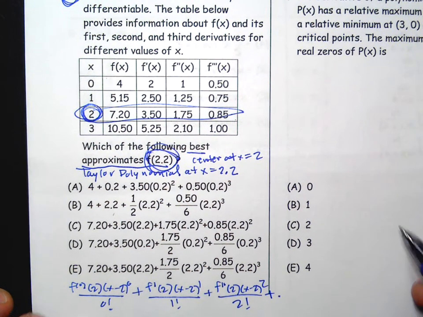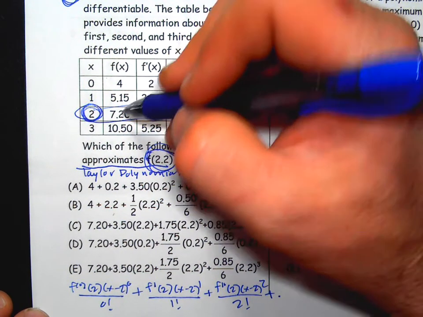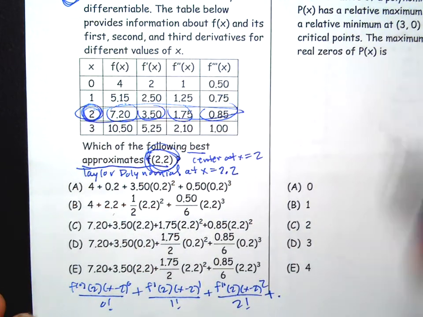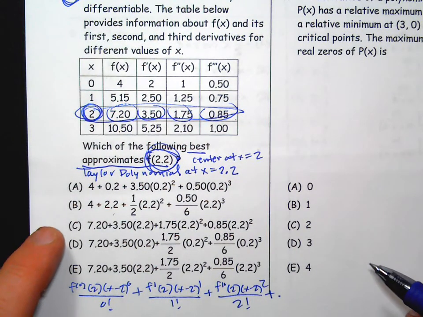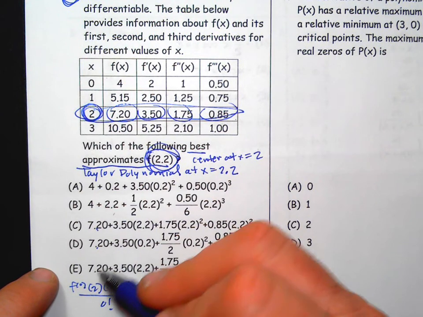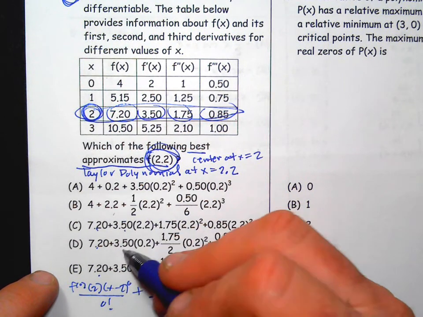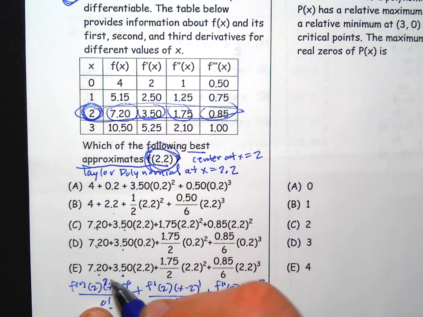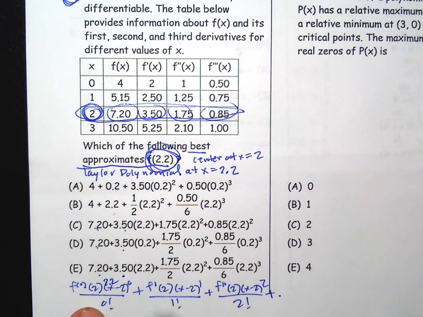So we're looking for the ones that have these values with the correct, let's see, 7.2, I think it's got to be one of these, 7.2, and then 3.5. And then when we plug 2.2 in and it's centered at 2, then we should get 0.2, 0.2, 0.2, 0.2.